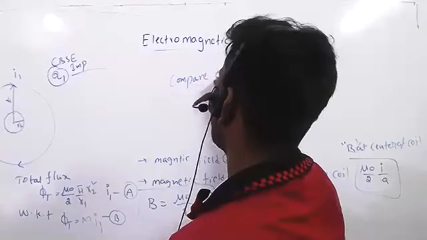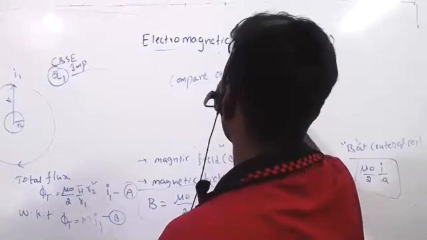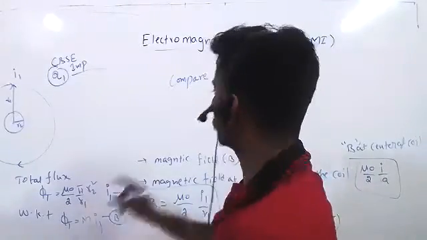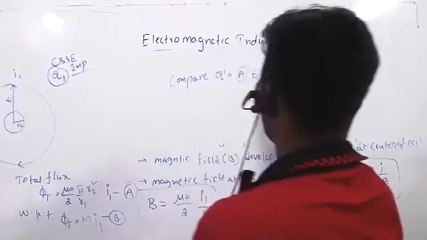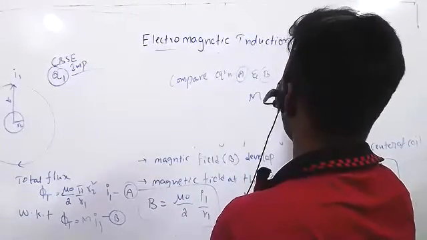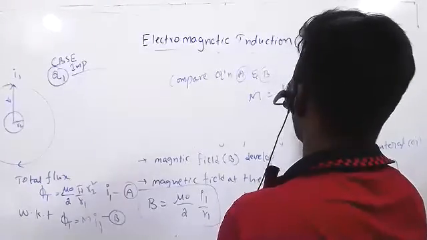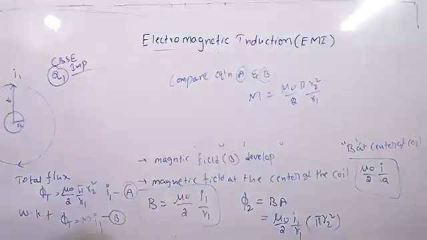Compare equation A and B. Then total flux by I1, so mutual inductance M equal to μ0 by 2 πR2 square by R1. This is the mutual inductance.